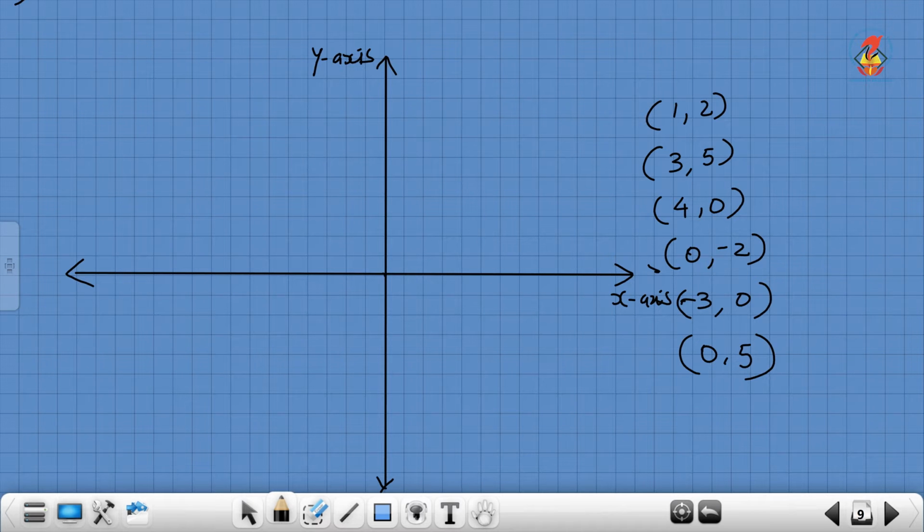These two lines meet at one point. This is origin or 0. On the right hand side, positive numbers on the x axis; on the left hand side, negative numbers. On the y axis, upward are positive numbers, downward are negative numbers.